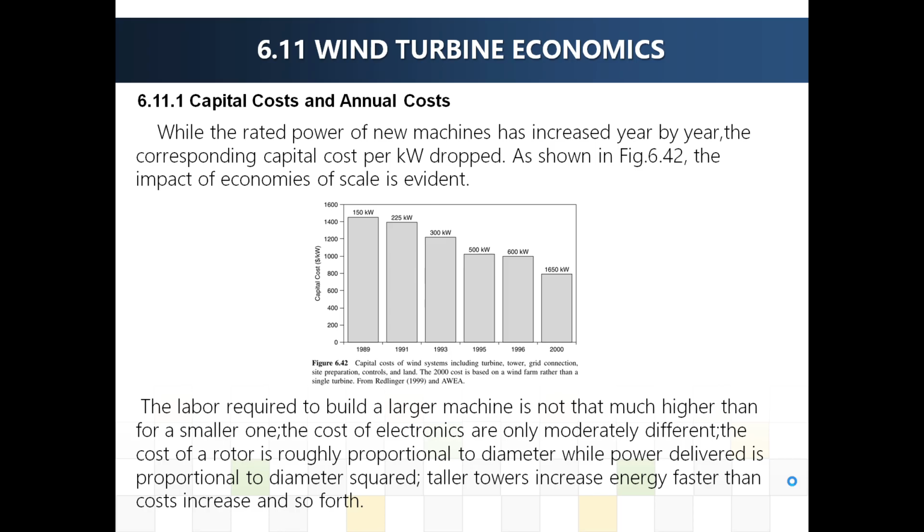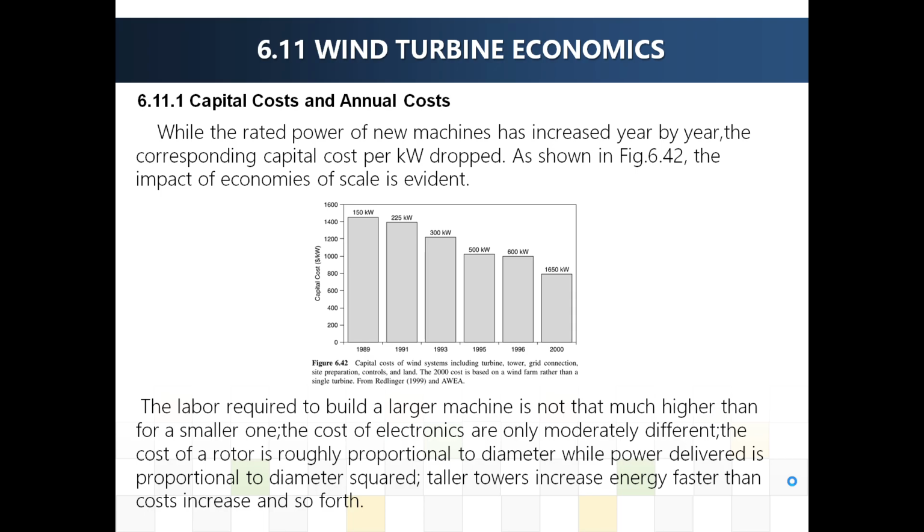While the rated power of new machines has increased year by year, the corresponding capital cost per kilowatt dropped. As shown in Figure 6.42, the impact of economies of scale is evident.